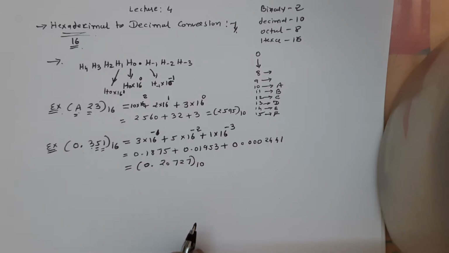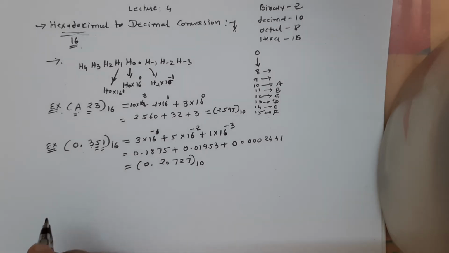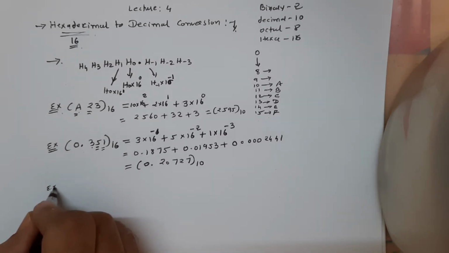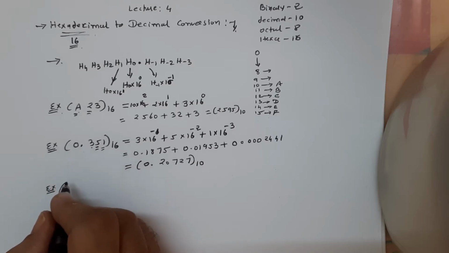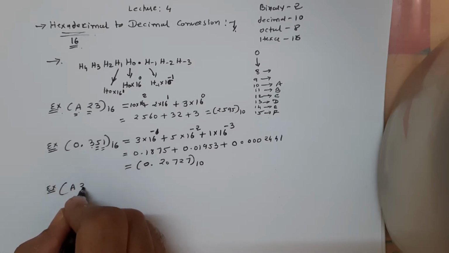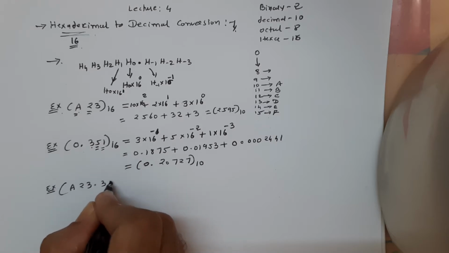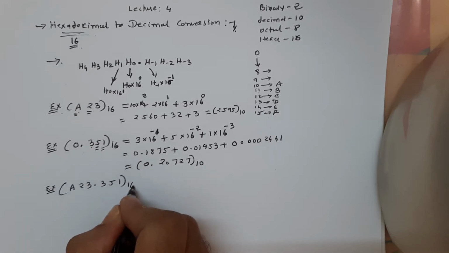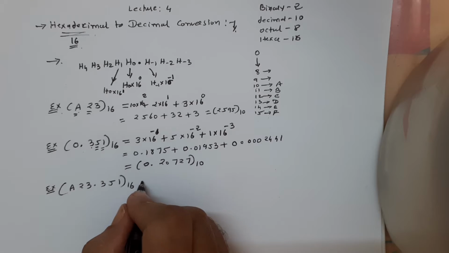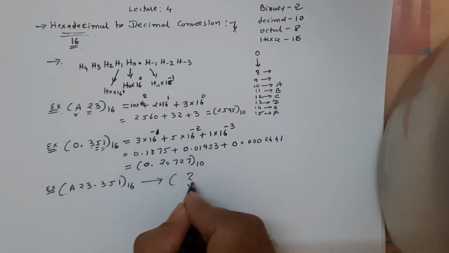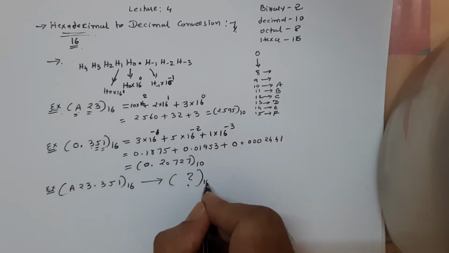The third example is, if our value is A23.351 hexa, we want to convert it into the decimal form.